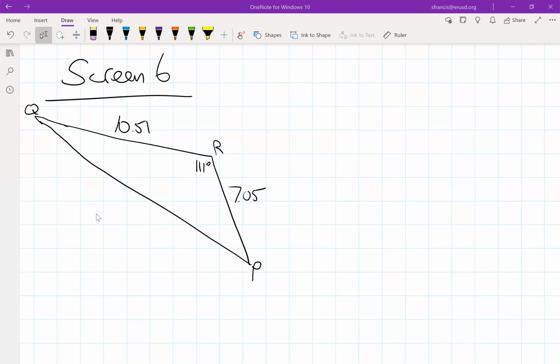Ariana, I disagree with your value for R. Argentina, your R is correct. Ashley, you're good to go. Alessandro, you're good to go. Juan, you're good to go.